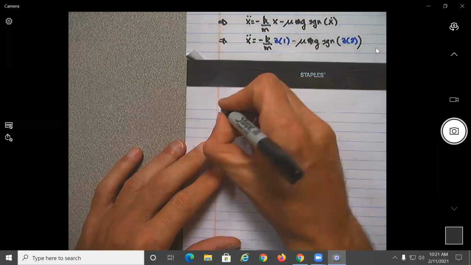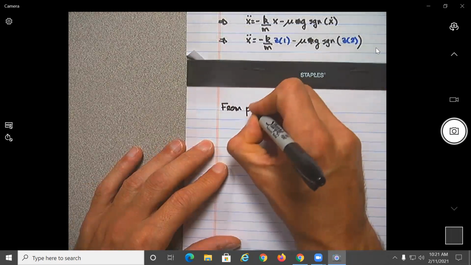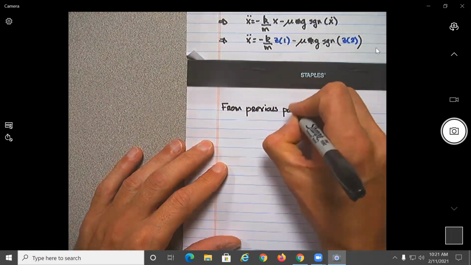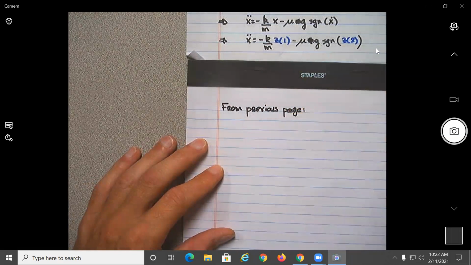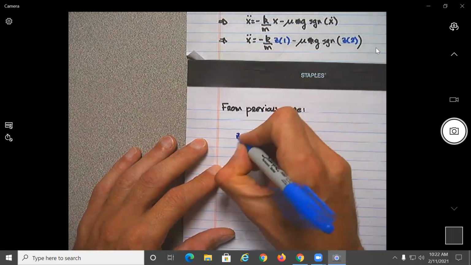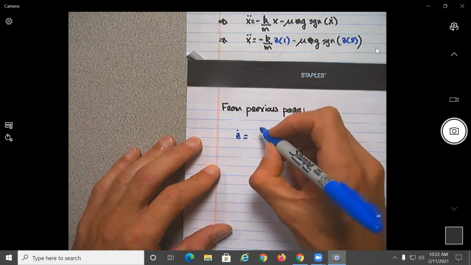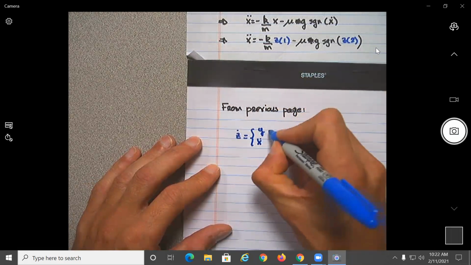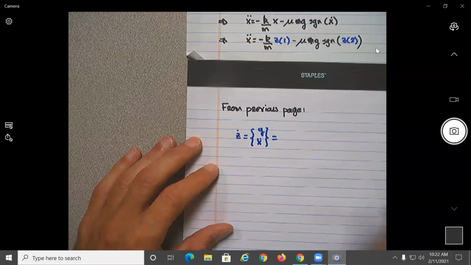Okay, so let's say from previous page, we can have that z dot equal to y, x double dot is equal to what?